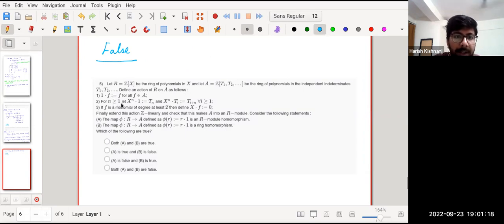For any n greater than or equal to 1, Xn acting on 1 gives you Tn, where 1 is an element of A. And Xn acting on Ti is T(i+n) for all i greater than or equal to 1. Now, if f is a monomial of degree at least 2, where a monomial is a product of variables like T1 T2 or T1 squared T2, just a polynomial with a single term.